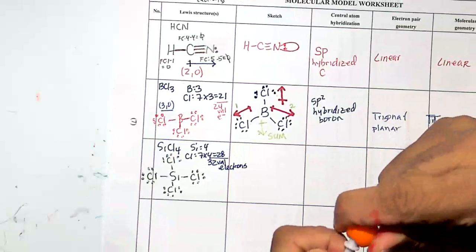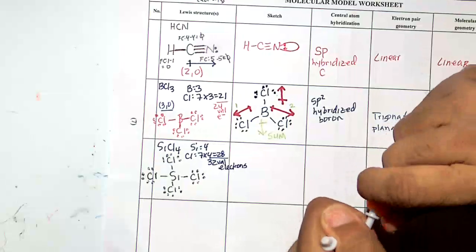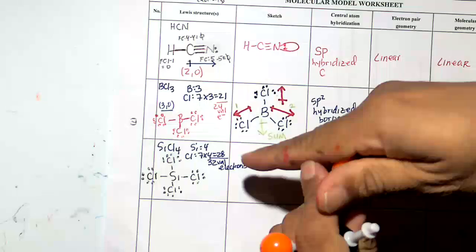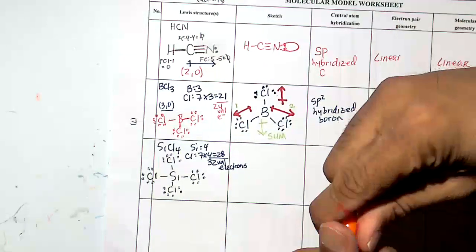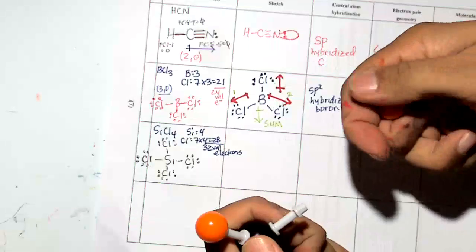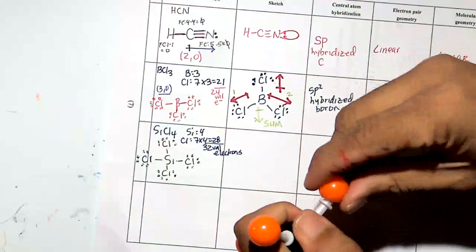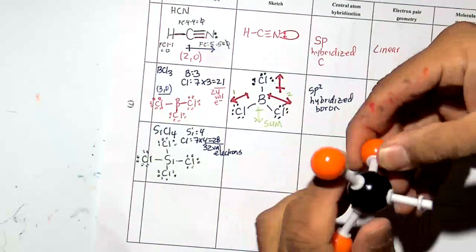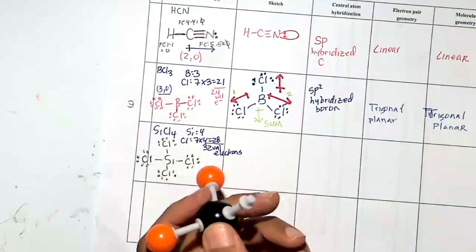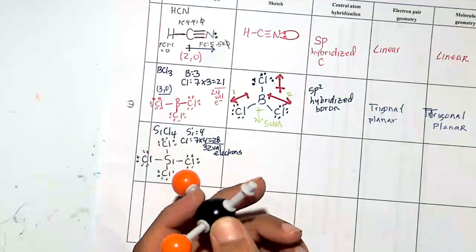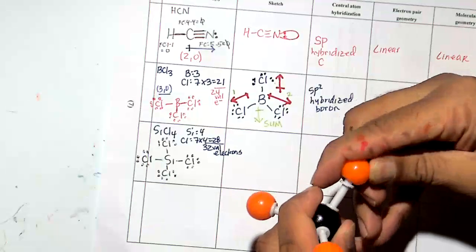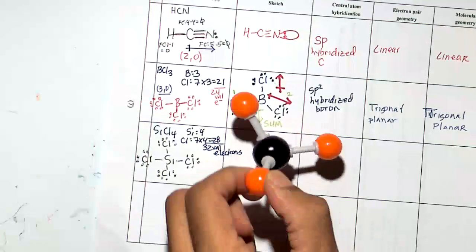Can you make it, Emily? Are you able to? Carbon, 4 single bonds. There you go.